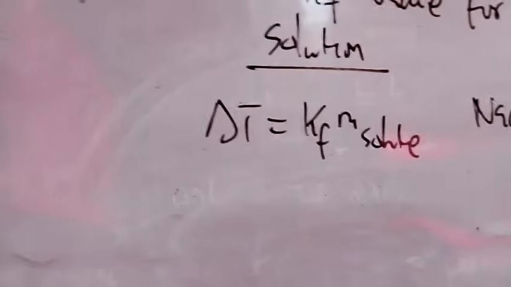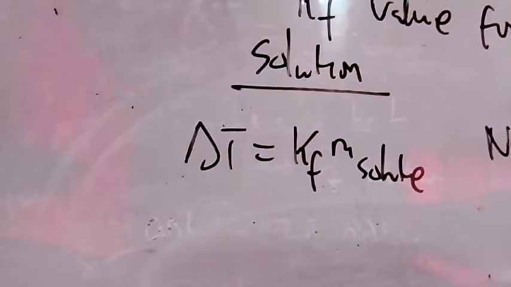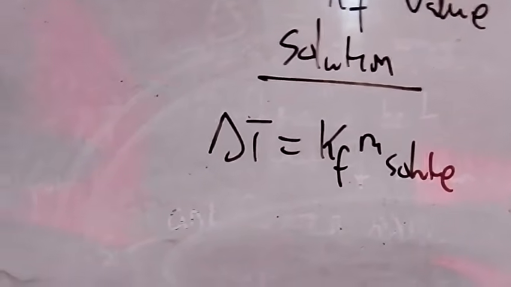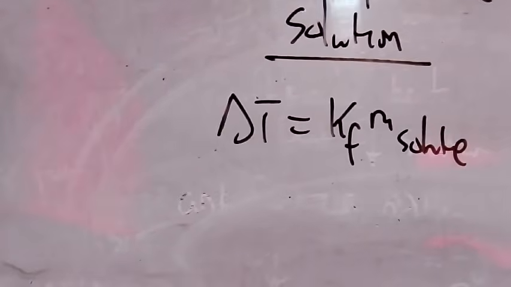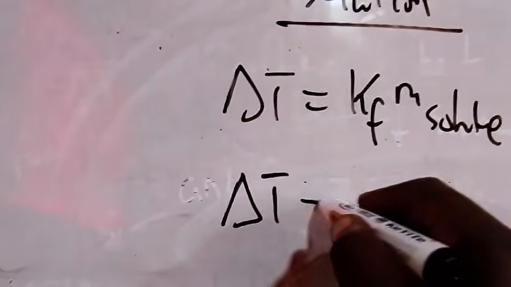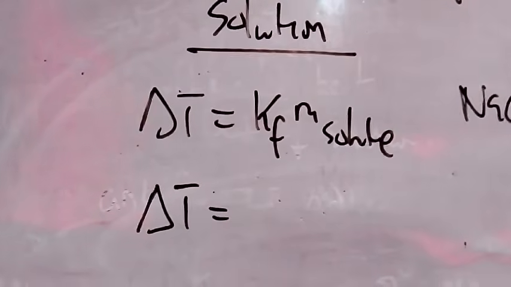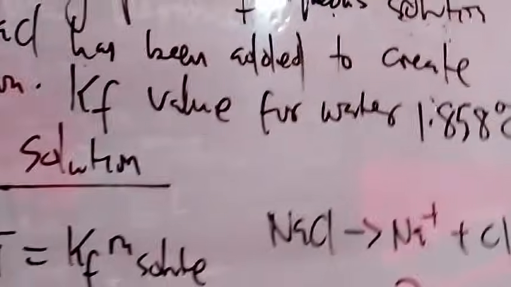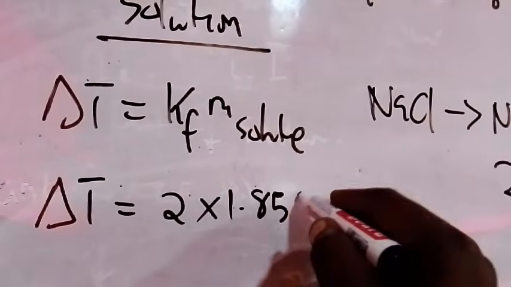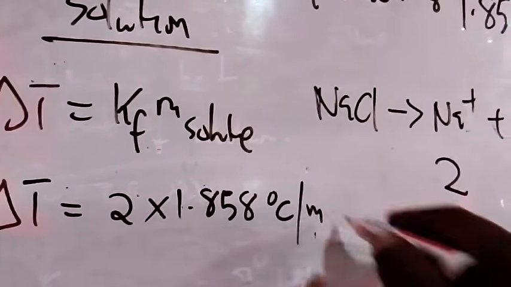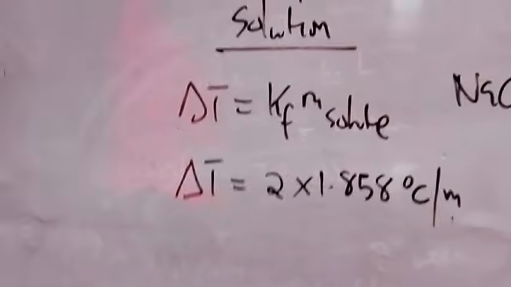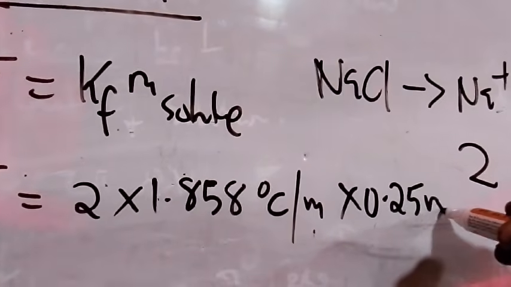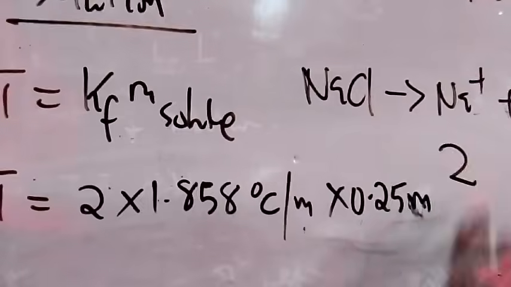So delta T is equal to 2 times Kf, which is 1.858 degrees Celsius per molal, times the molarity, which is given as 0.25 m.